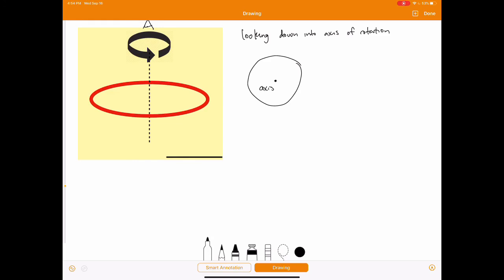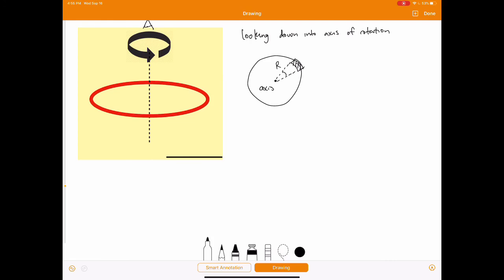That's the axis. And so as always, what we want to do is break this object, this ring, into little mass elements. So the way I'm going to break it into mass elements is to take a little section, a little slice of the ring, like this. And of course, the radius is r.